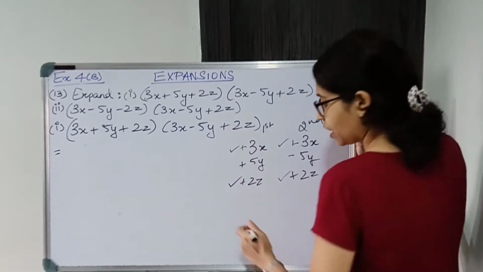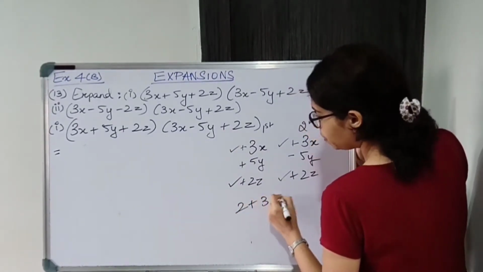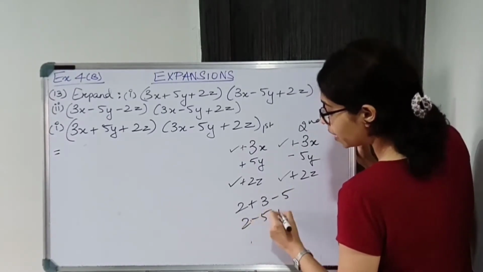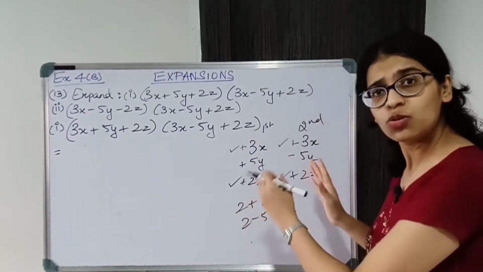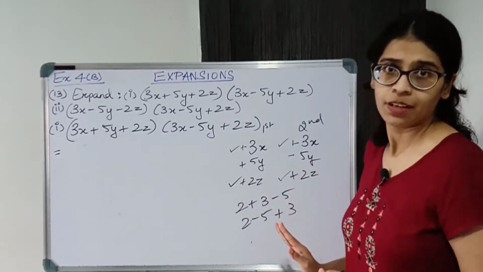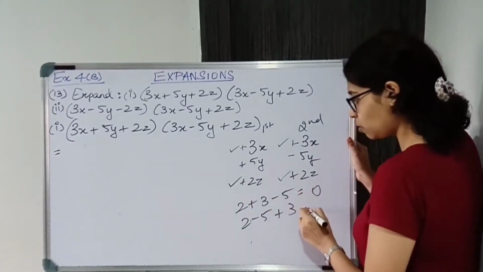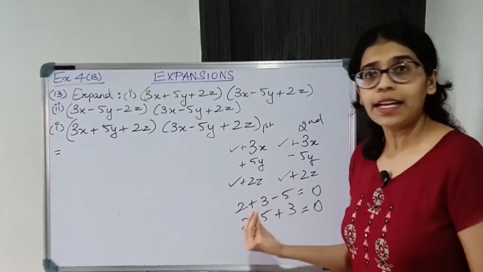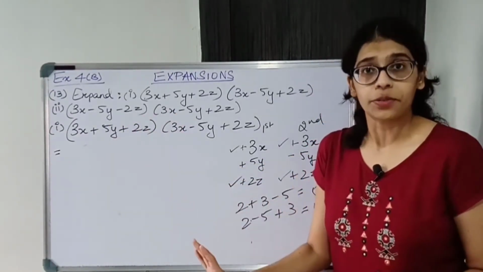Whether I write 2 plus 3 minus 5 or if I write 2 minus 5 plus 3, answer is 0 only. Okay, answer is going to come 0. So it does not matter whether you are writing the terms before or after.